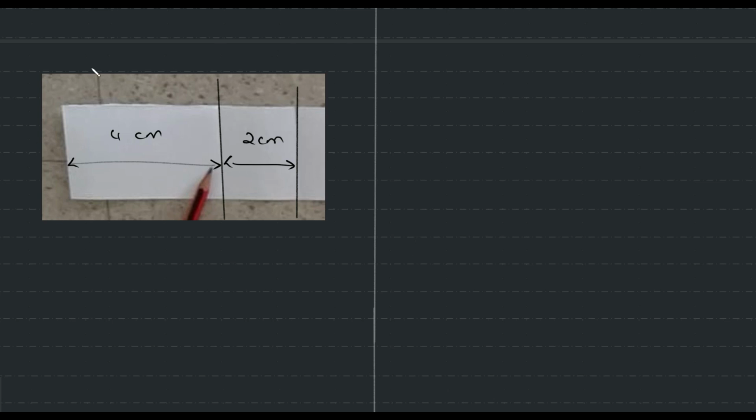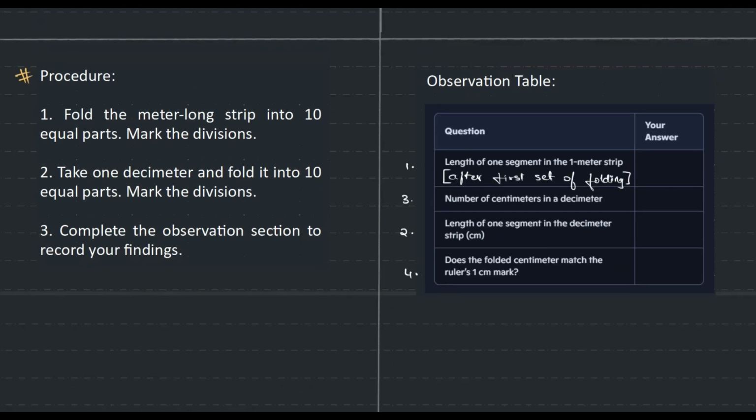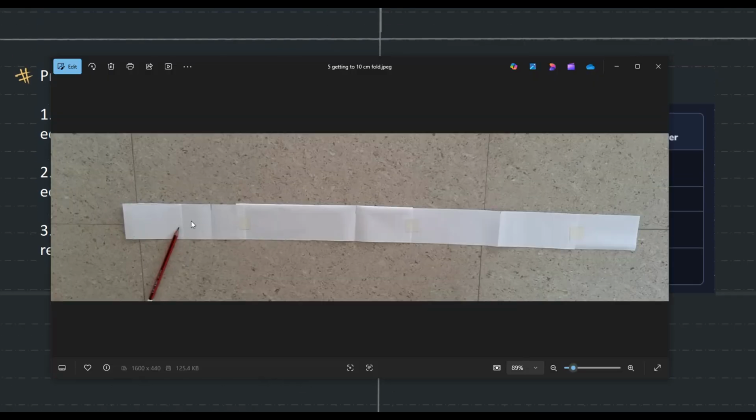I'll explain in detail why this works and how to do it exactly. For now, just take it that I was able to successfully do that, so that the ratio is 1:2. I don't know if you understood that, but let me explain it in the next video.